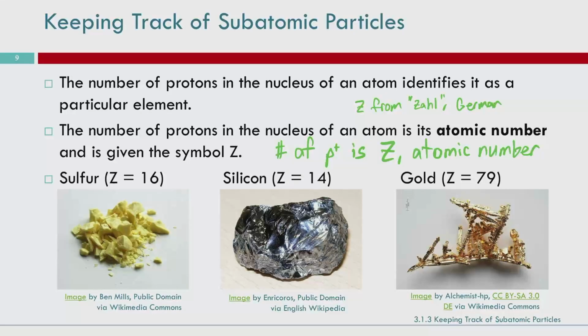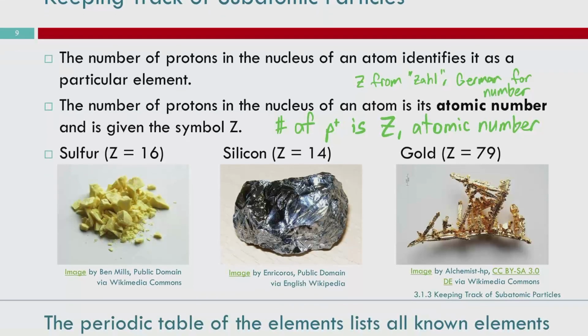And probably the reason that it's in German is that a lot of mid-modern chemistry was done in Germany. There were a lot of famous German chemists. I think that's just a fun connection to figure out why it's Z. Maybe that'll help you remember.